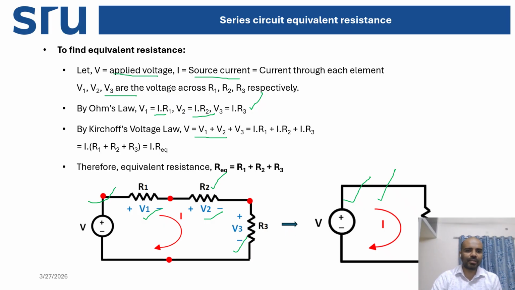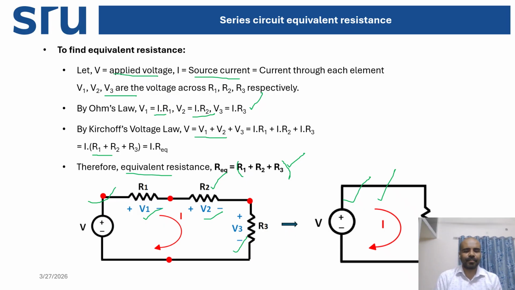This must be equal to I into the combination R1 plus R2 plus R3. So we can easily calculate the equivalent resistance of this series circuit: R equivalent is equal to R1 plus R2 plus R3.